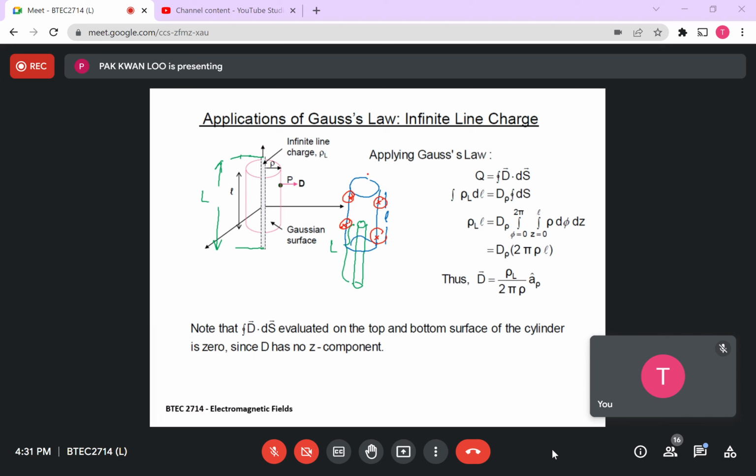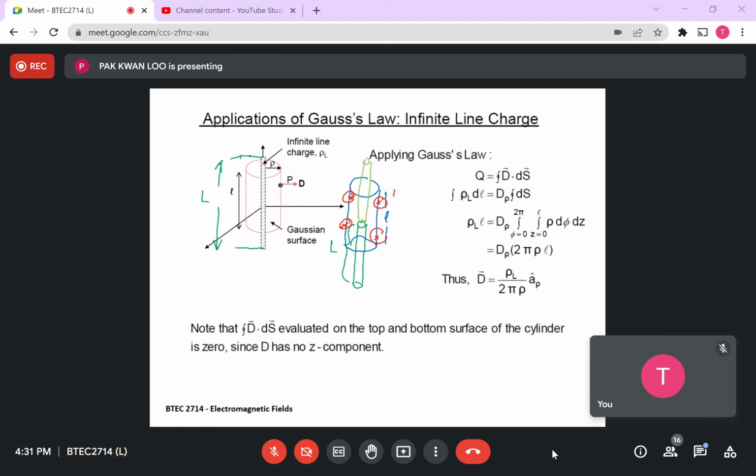And what about infinite? Now you can see that if it's infinite, regardless of where you move, regardless of how you rotate this Gaussian surface, or move it translationally up or down, everywhere will be the same because it's infinite. Your point of view of the charge distribution is always the same.